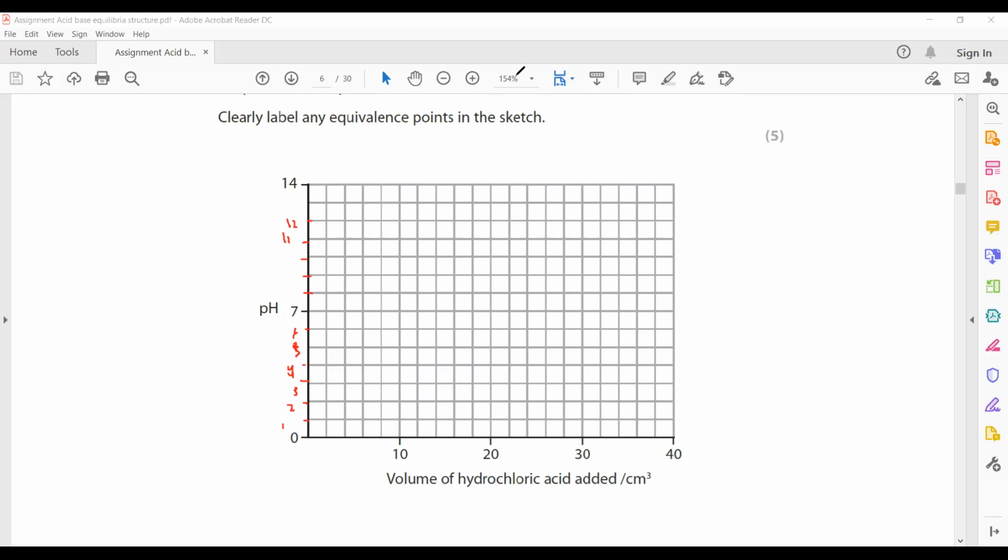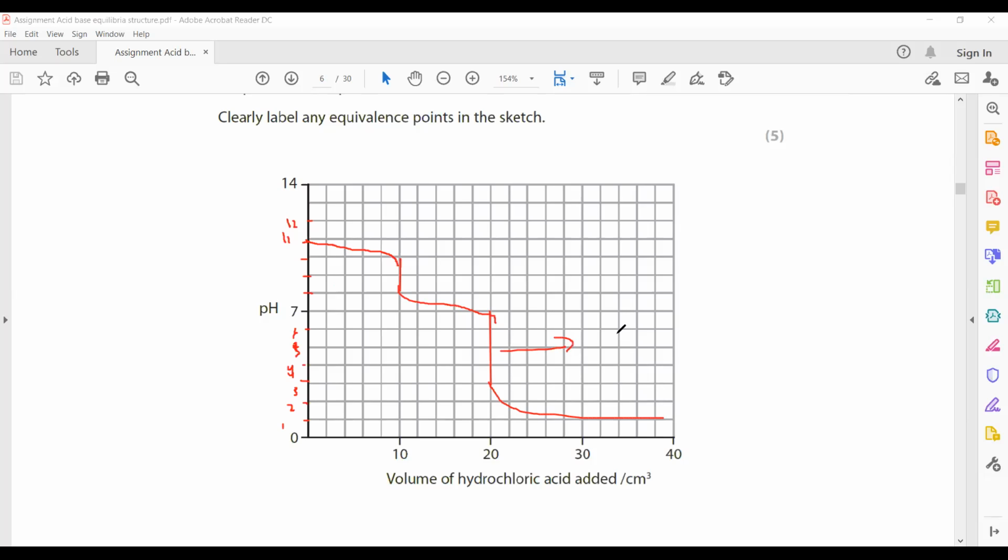So a vertical part from 7 to 4 for 20 cm cubed. Because at a half equivalence point, when half of the molecules are neutralized, at 10 cm cubed there will be a small vertical part. It's up to you. You can make it with 2 dots or 3 dots. So one vertical part and then the second vertical part, and so on.